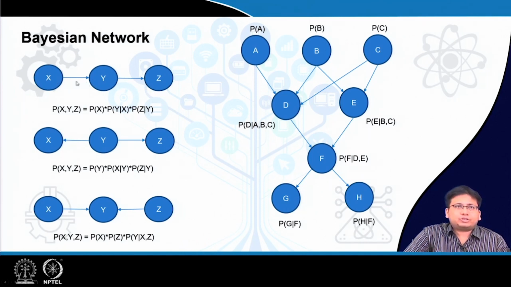Let us see an example of this. Let us consider this particular graph. There are three nodes x, y and z, and as you can see the direction of these edges, x is the parent of y, and y is the parent of z. So, the joint distribution of these three variables, p of x, y, z, in general we can write as p of x times p of y given x times p of z given y and x.